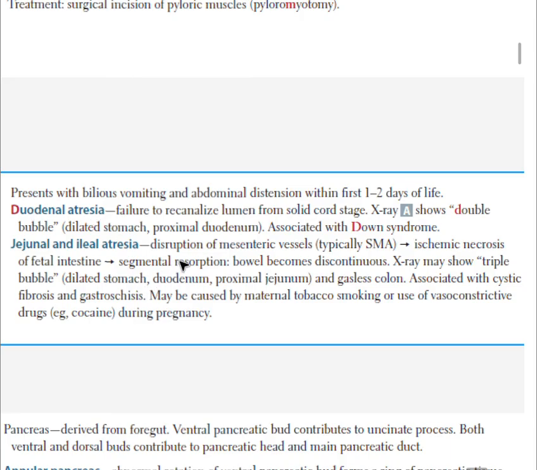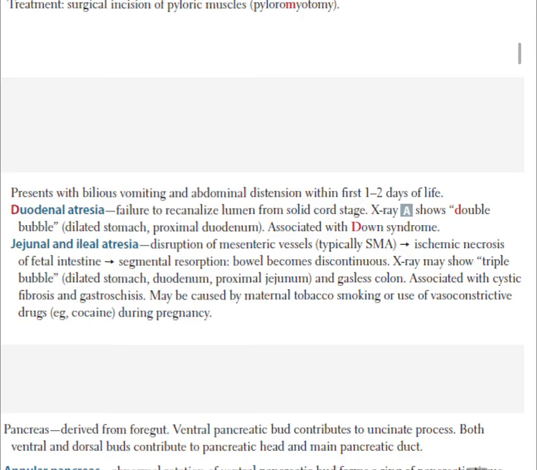While in the womb some vascular accident took place, it caused disruption of the mesenteric blood supply, and that leads to ischemic necrosis, or it leads to resorption of the bowel segment, or it leads to a discontinuous bowel.